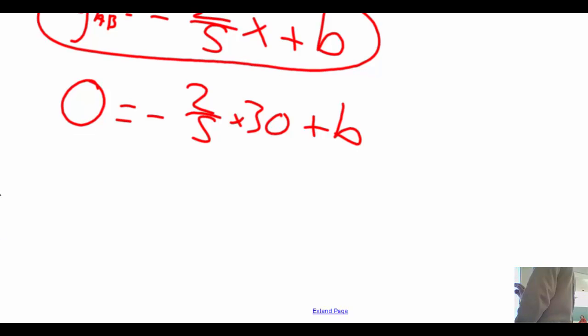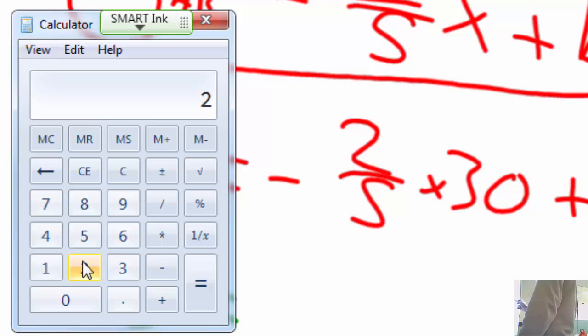And let's see what I'm going to find out about b. This is still 0 equals minus 2 divided by 5 times 30. Let's calculate that. Minus 2 divided by 5 times 30 equals minus 12.